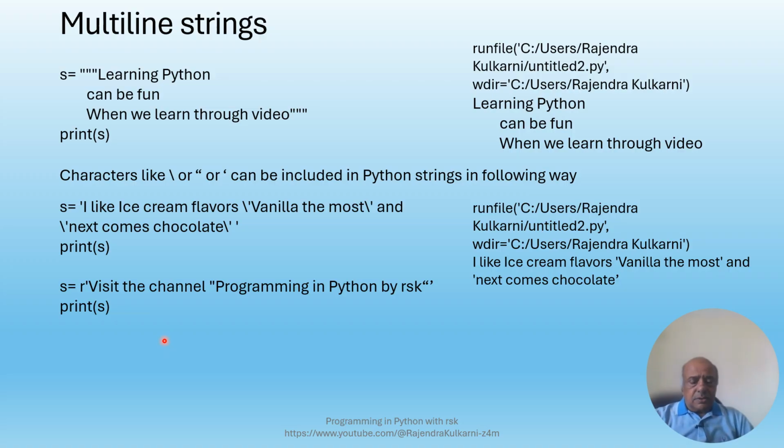There is one way a string can be treated by Python. If we precede the string before its enclosure with R, then it is treated by Python as a raw string. What is the difference in these two?